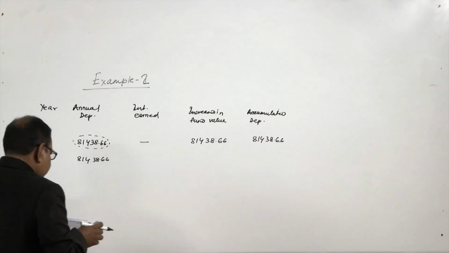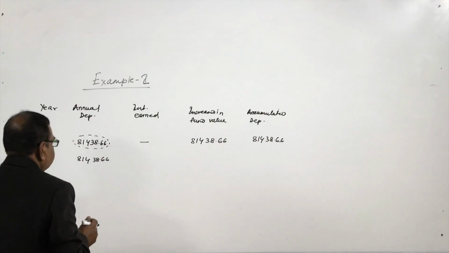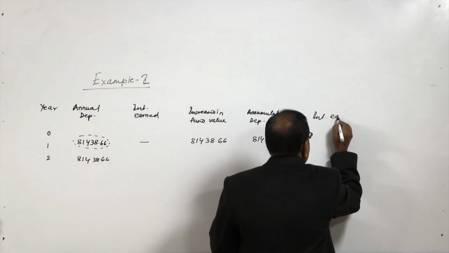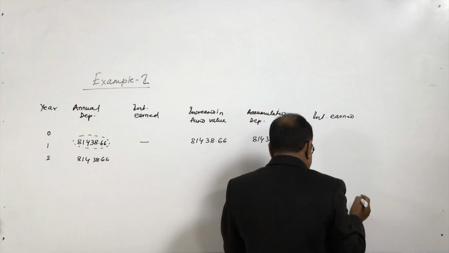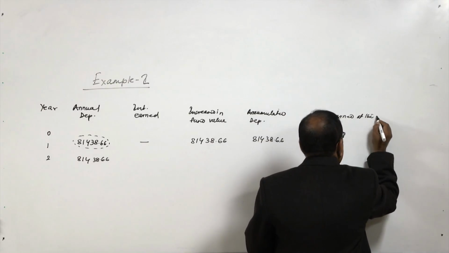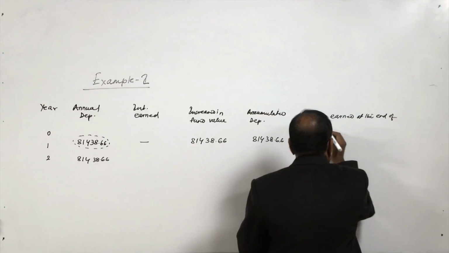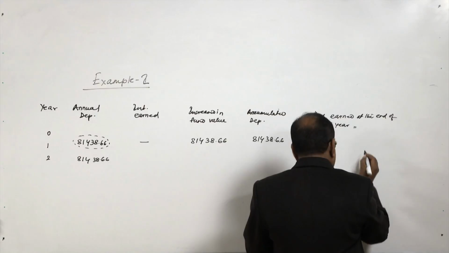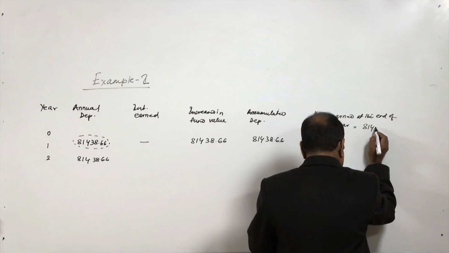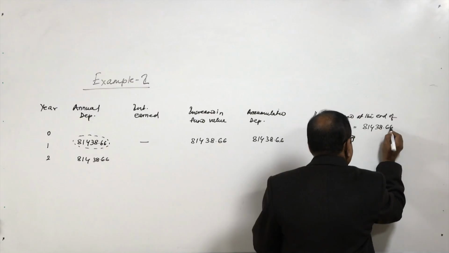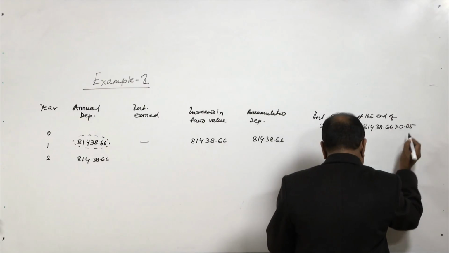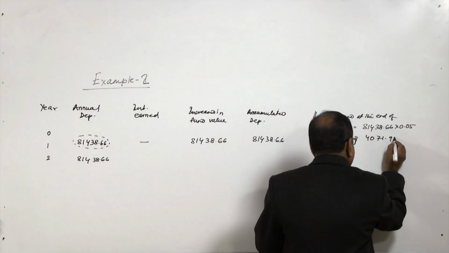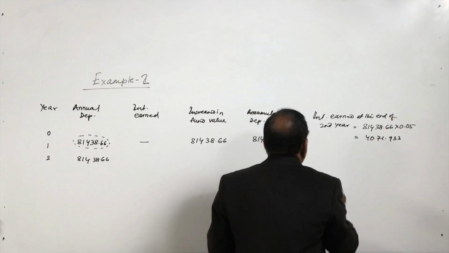So, the interest earned at the end of second year is equal to 81438.66 into 0.05, and this comes out to be 4071.933.